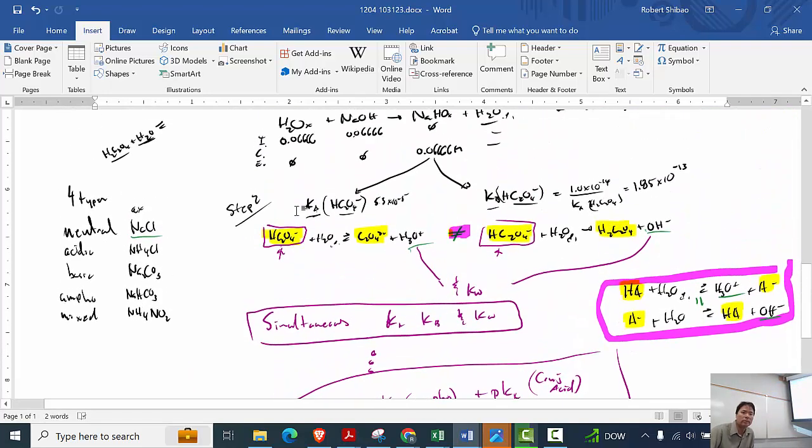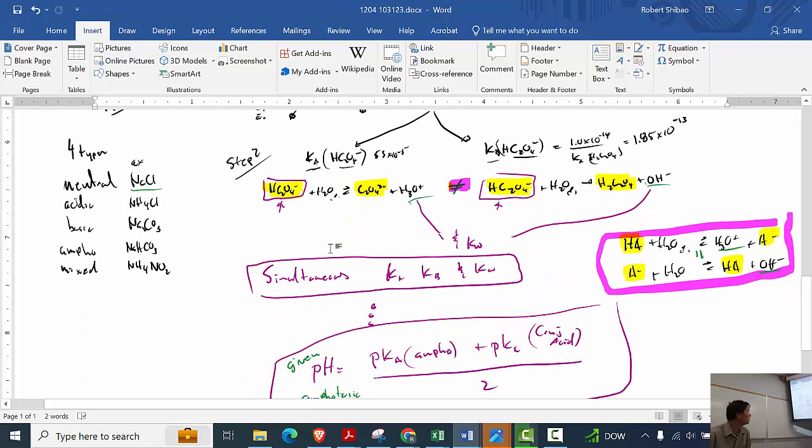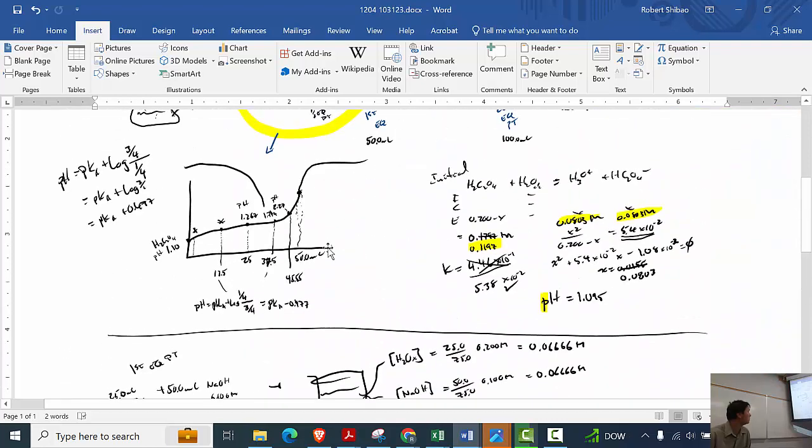And so if we go back to our titration curve, we're going from 2.27 up to 2.77.